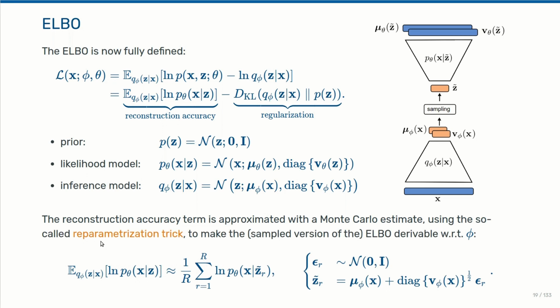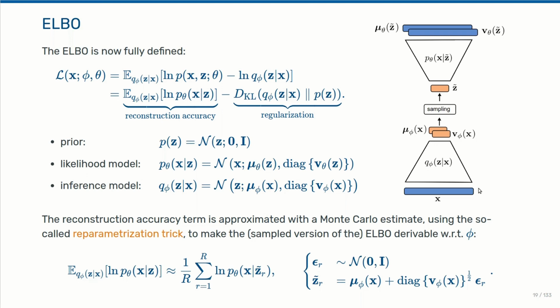A difficulty when doing this is that the sampling operation is not differentiable with respect to the parameters of the encoder, so we could not backpropagate the error through the encoder because the sampling operation is not differentiable.